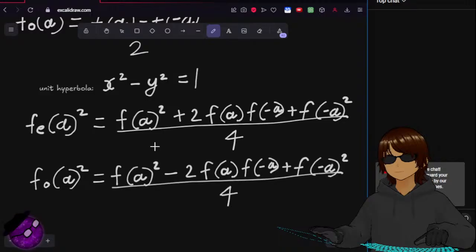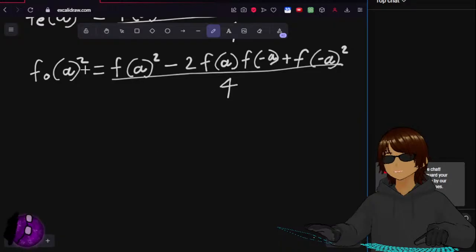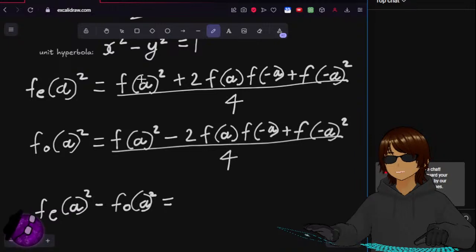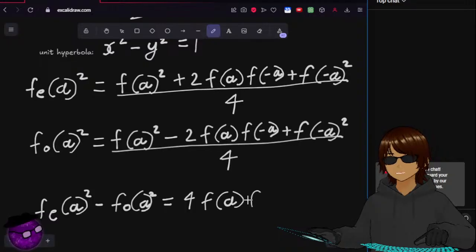Now, if I subtract these two, this and this cancel out, this and this cancel out, this minus becomes plus, so I have 4 f of a f of minus a, and then this 4 also cancels out.